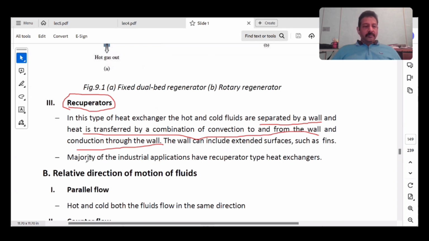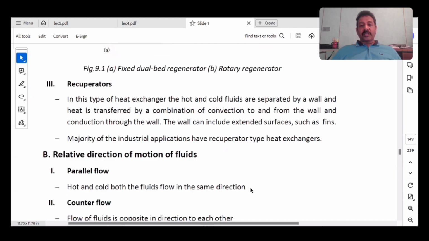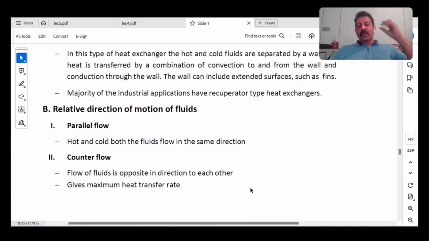So the wall can include extended surfaces such as fins. Okay. Majority of the industrial applications have recuperator type heat exchangers. So now for industrial heaters, coolers, என்ன type recuperators.